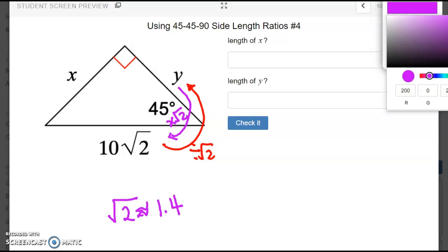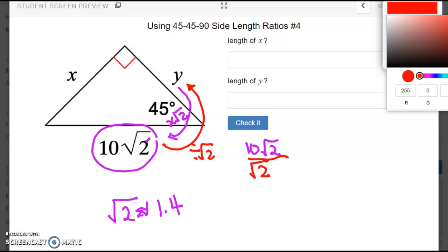Okay, so then let's just do it. We're going from 10 root 2, and then to go to the leg, you're dividing by root 2.